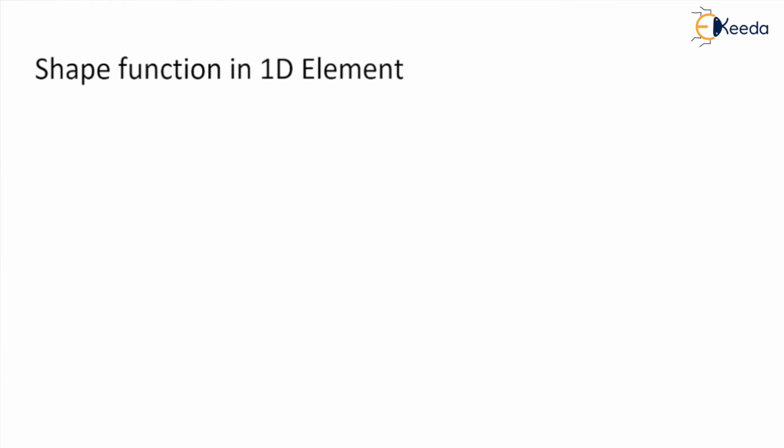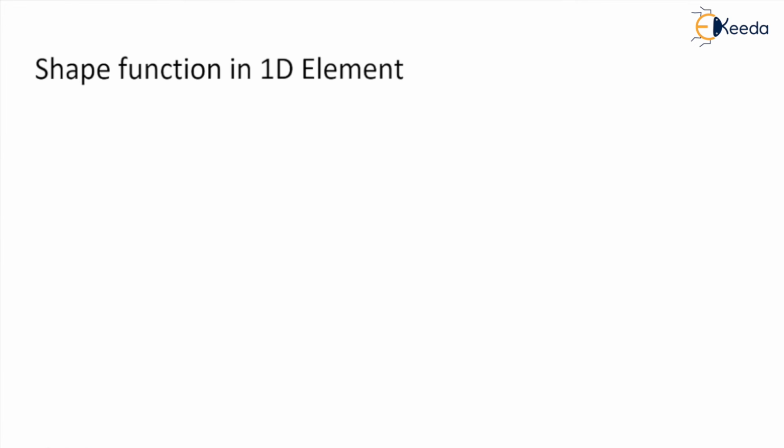So now let's understand what is a shape function. In the first step we have derived the relation between the local and natural coordinate system.